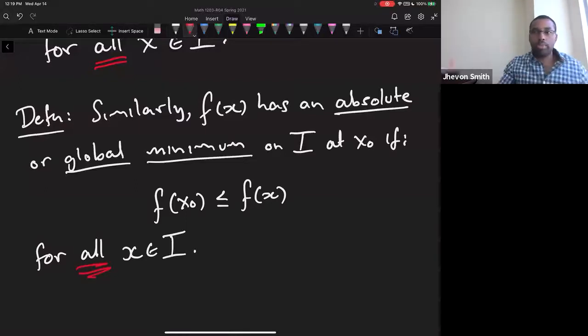Okay, so this is an absolute or a global minimum. On a global scale or an absolute scale, any point where you're larger than or equal to everybody else is called an absolute maximum. Any point that is smaller than or equal to everybody else is called an absolute minimum.